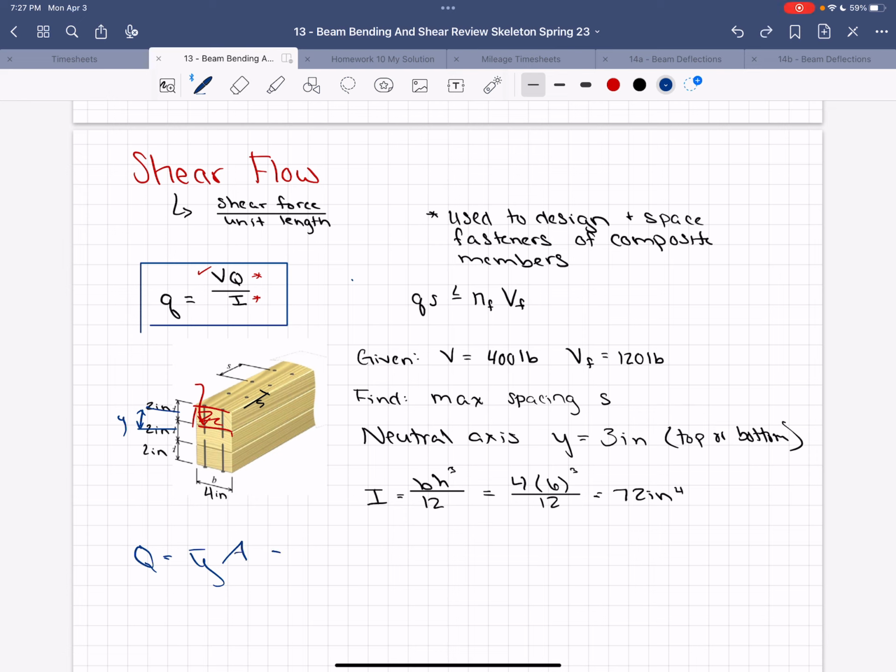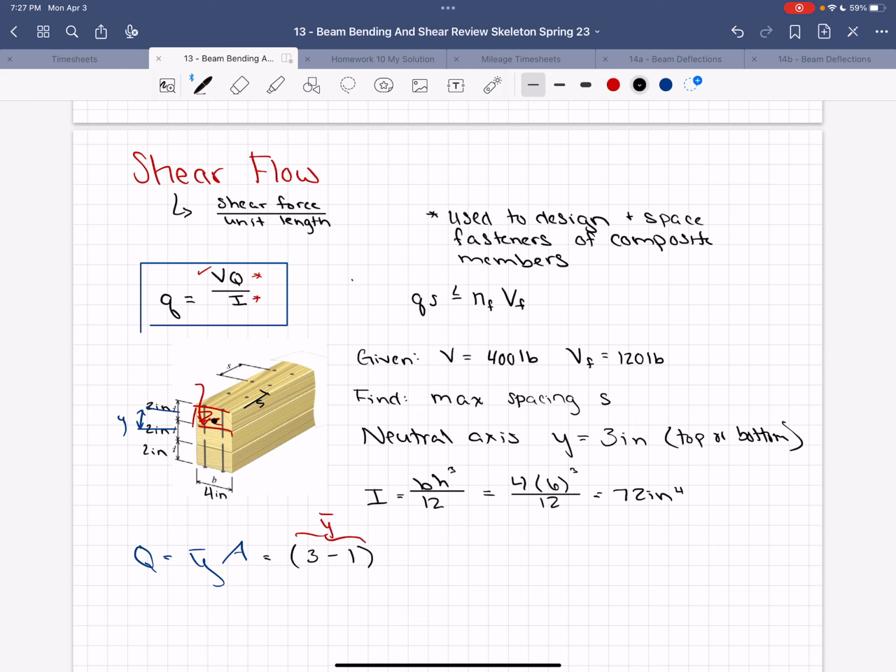So we have y bar equals 3 minus 1. The whole centroid is 3. The centroid to the middle of this area is 1. 3 minus 1, that's y bar.